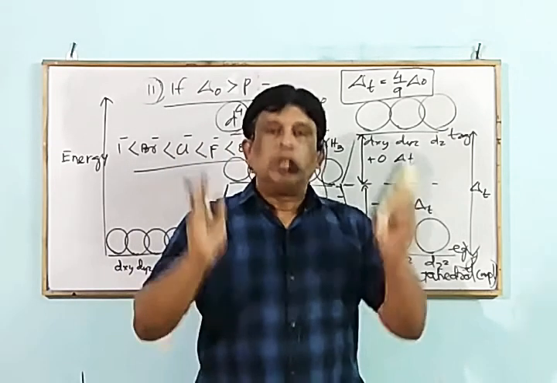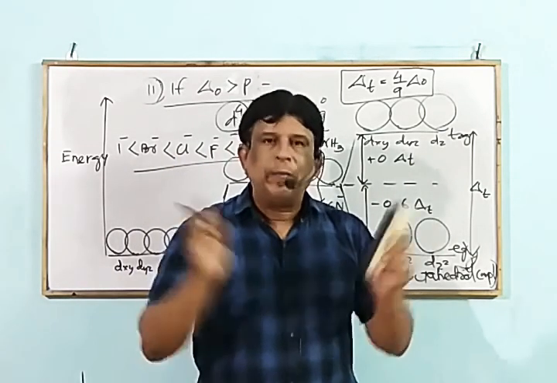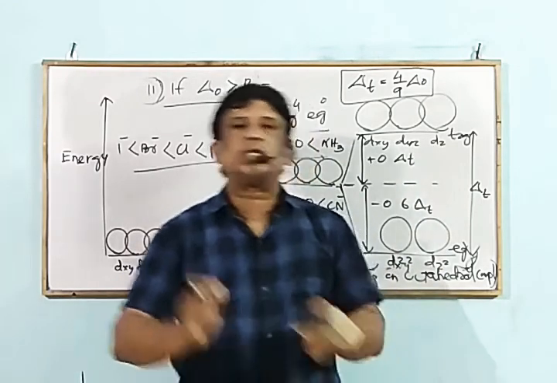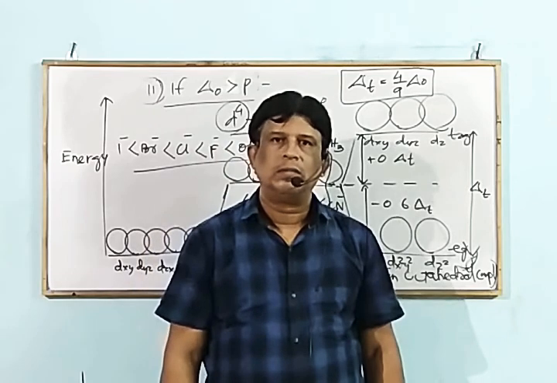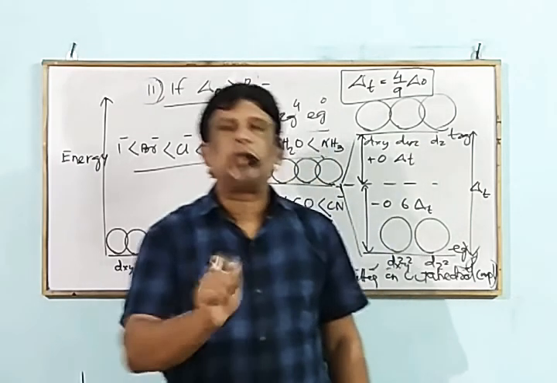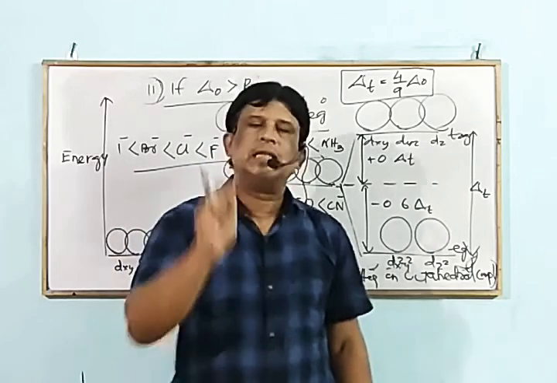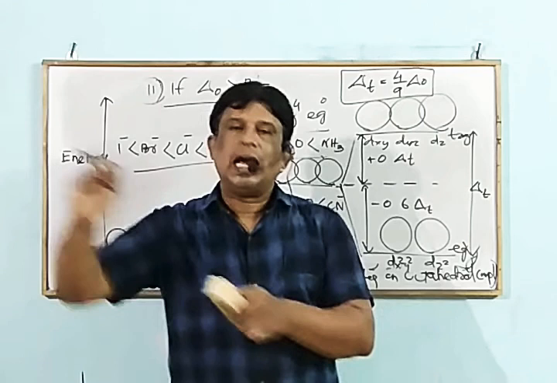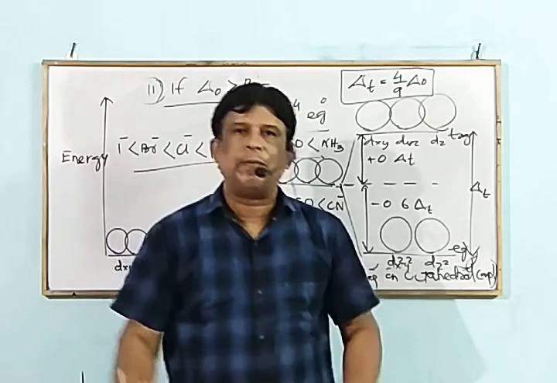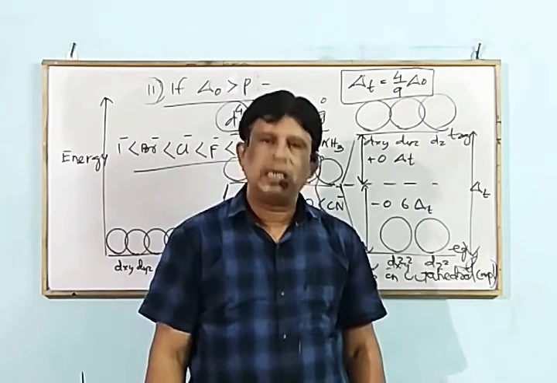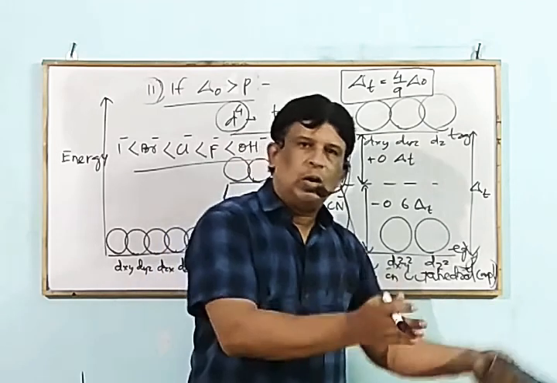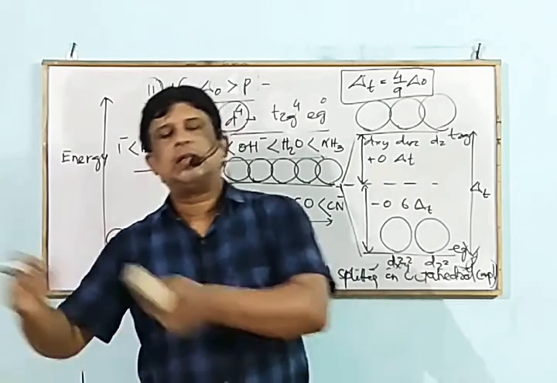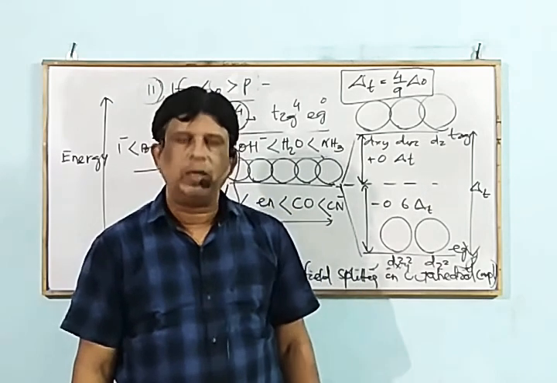I repeat again, the splitting depends upon the nature of the ligand, whether it is a weak field ligand or a strong field ligand, and it is decided from the spectrochemical series. That is the series in which the ligands are arranged in increasing order of their CFSE value. The ligands on the left side are known as weak field, and the ligands on the right side are known as strong field.